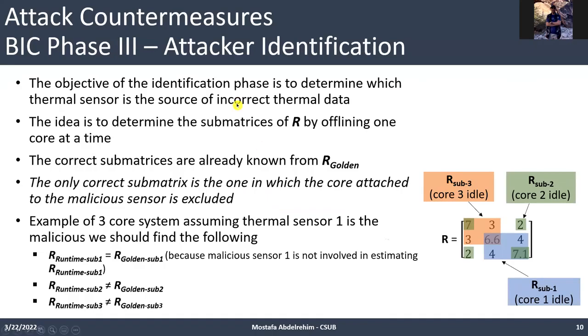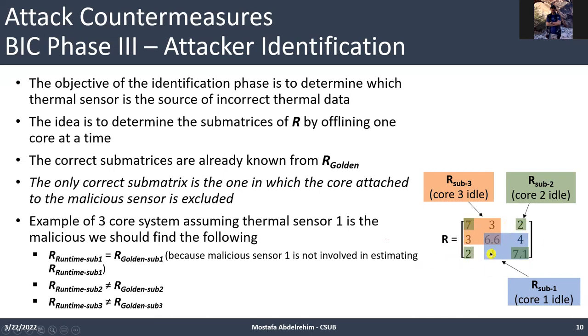If we detect the attack, we need to identify which thermal sensor is the malicious one. And here we're gonna do what's called blocking or sub-estimation of R. So if, for example, you have a 3-core system, a processor that has 3 cores, then R will be a 3x3 matrix like this one.